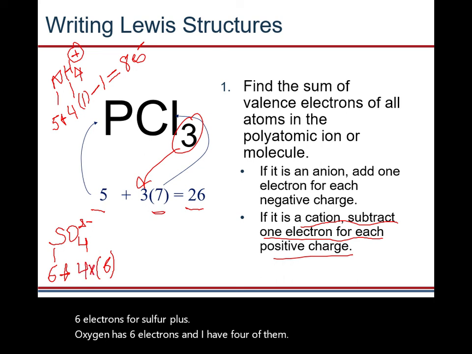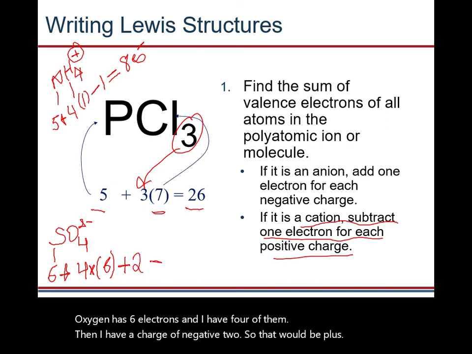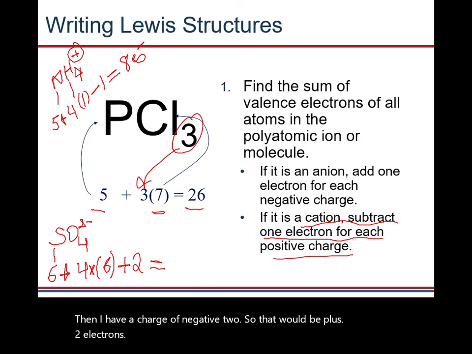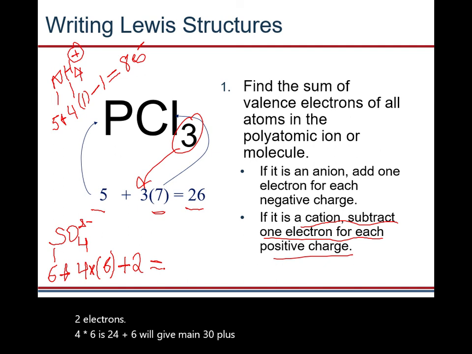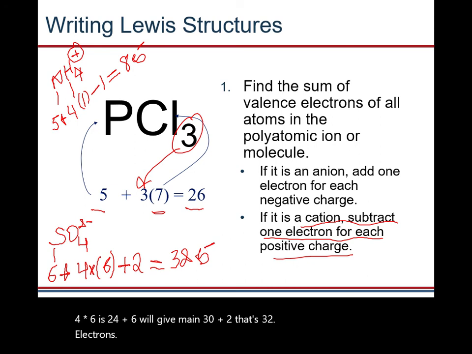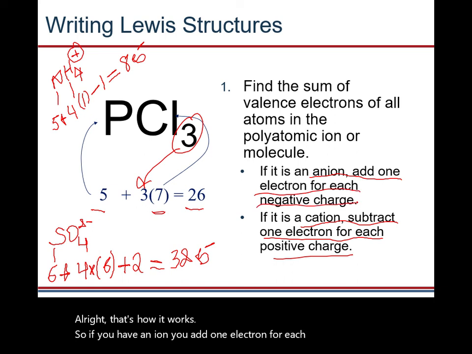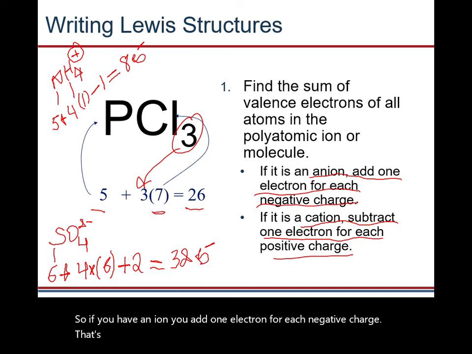Then I have a charge of -2, so that would be plus 2 electrons. 4 times 6 is 24, plus 6 will give me 30, plus 2, that's 32 electrons. All right, that's how it works. So if you have an anion, you add 1 electron for each negative charge. That's step 1. You need to figure out how many valence electrons you have in your molecule.